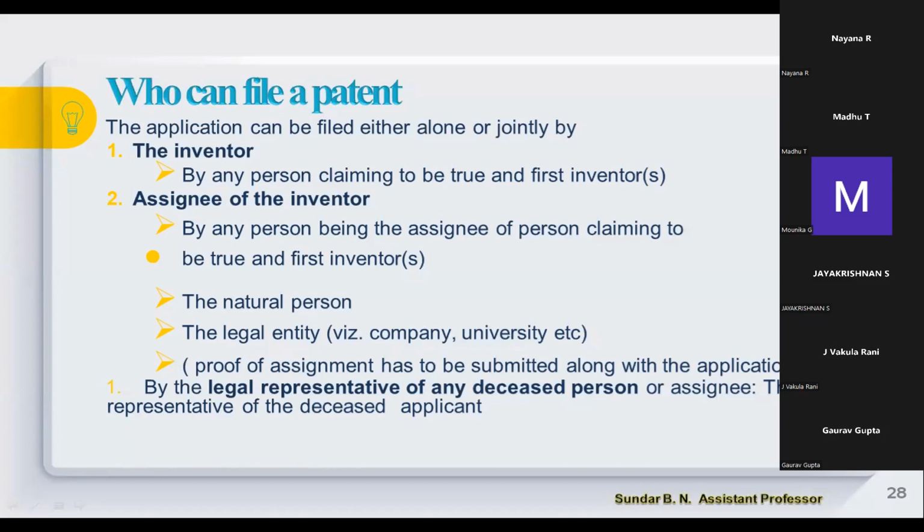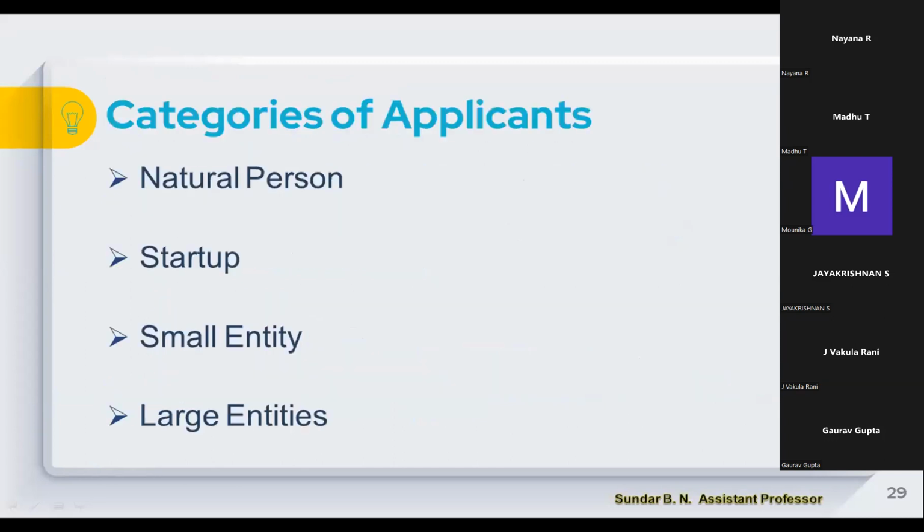Some people may represent the inventor. They can also apply. These may be a legal entity, a natural person, or the person assigned to claim the inventorship. So these people can apply. Either you should invent or you should represent the inventorship. Then there is a scope for applying.